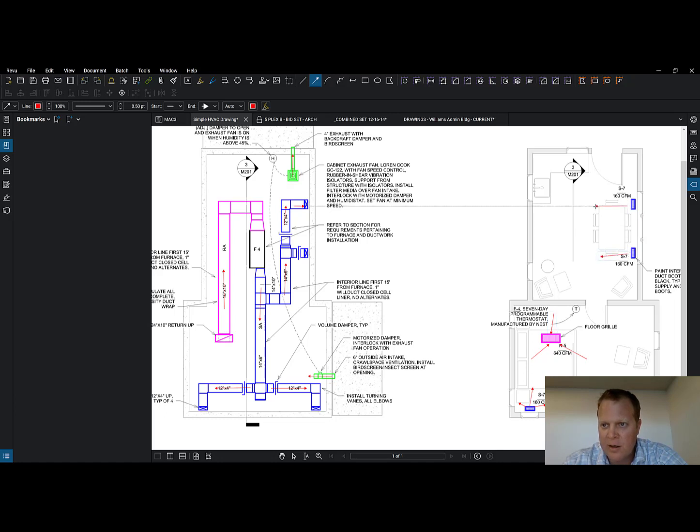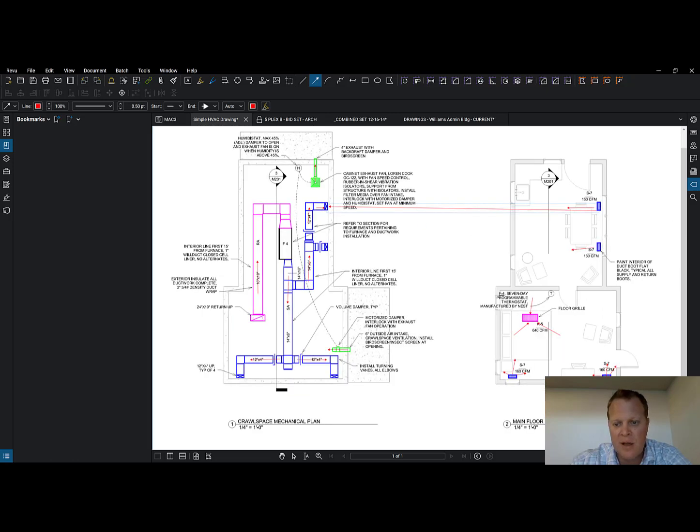This supply duct, do you guys see that this and this are the same? Meaning, this is the register that sits in the duct right here. This is the main floor.